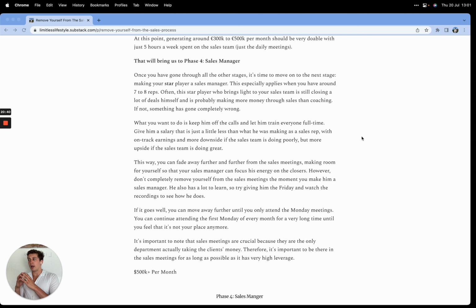So at the moment that you believe it's more valuable for your player coach to just coach all of the other sales reps, and you're doing anywhere between 300 to 500k per month, might even be a little bit more, then you're able to take the star player out of the sales role and just let him be a sales manager.